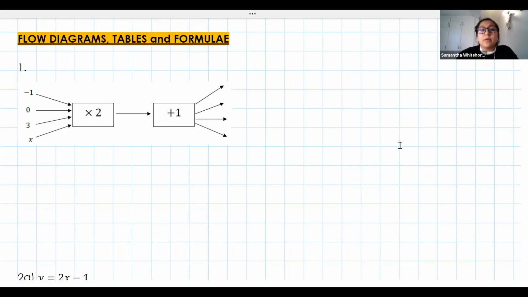All right, so hopefully what we remember from our flow diagrams is that a flow diagram illustrates to us the relationship or the operations being performed on our input and our output values. So remember, a flow diagram is sort of like a number machine.